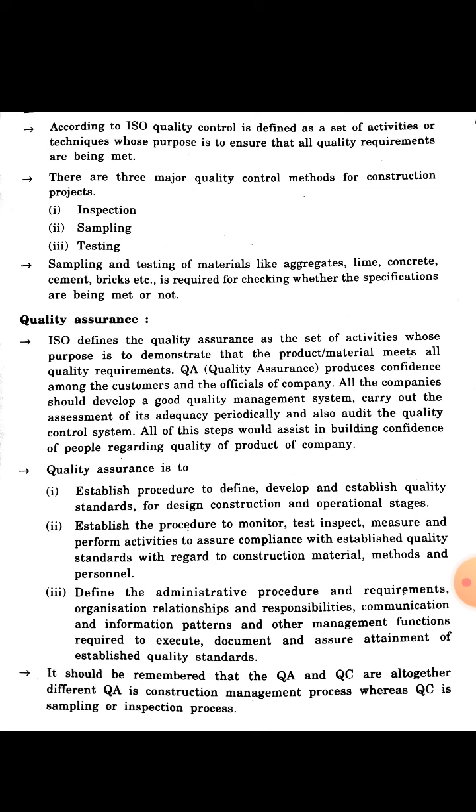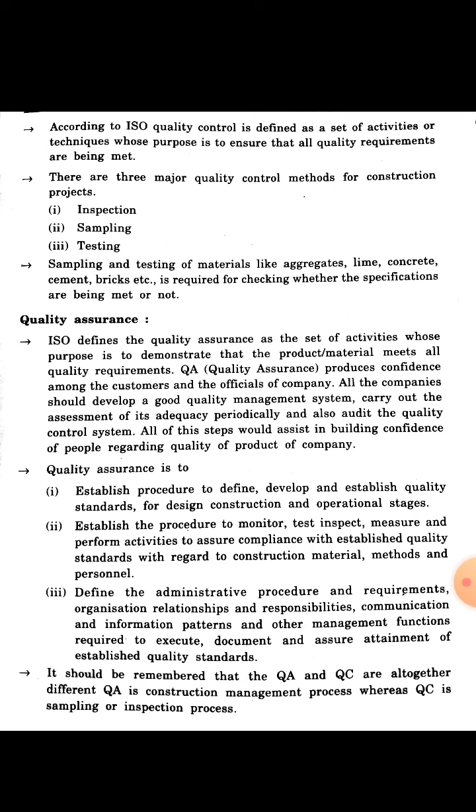Quality assurance is to establish a procedure to define, develop and establish quality standards for the design, construction and operational stages, and to establish a procedure to monitor, test, inspect, measure and perform activities to ensure compliance with established quality standards with regard to construction material, method and personnel.